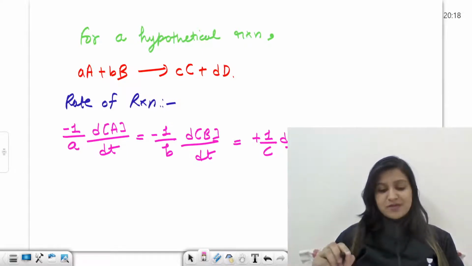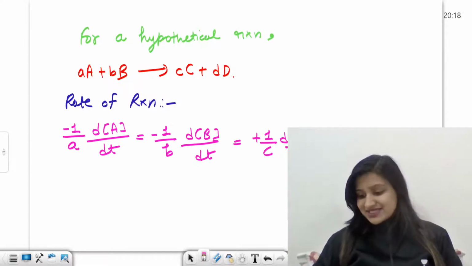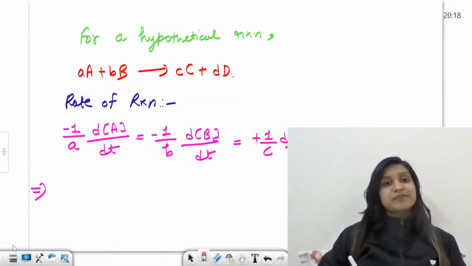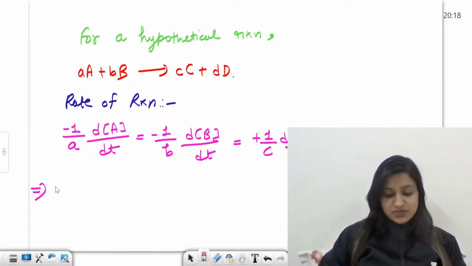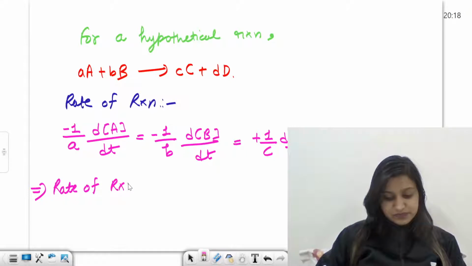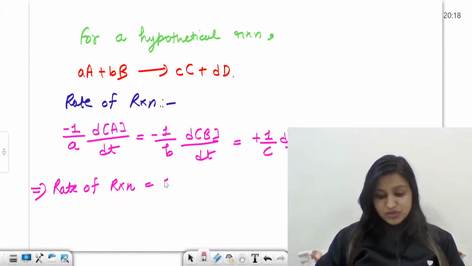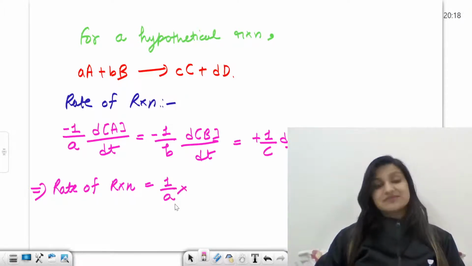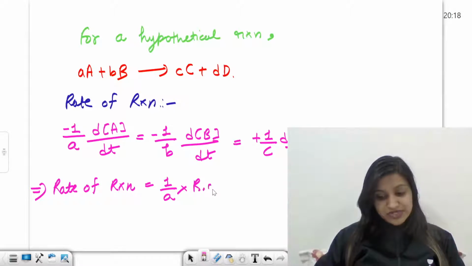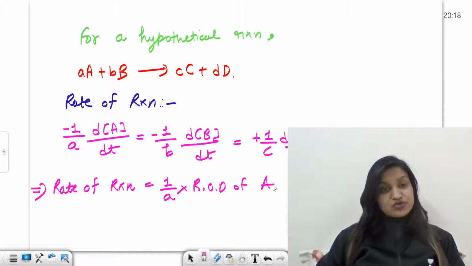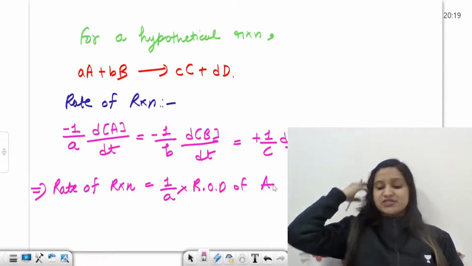Let's modify it a bit more. I can also say that the rate of reaction is equal to 1 by a times the rate of disappearance of A. I can say this now, because what is the rate of disappearance of A?